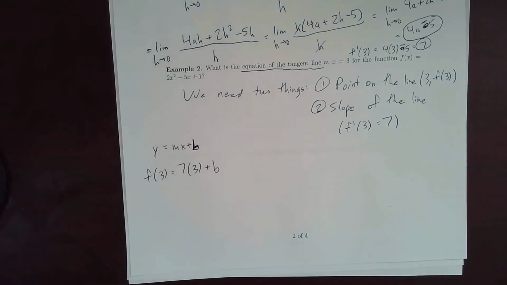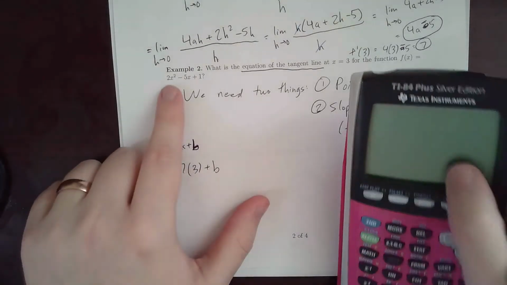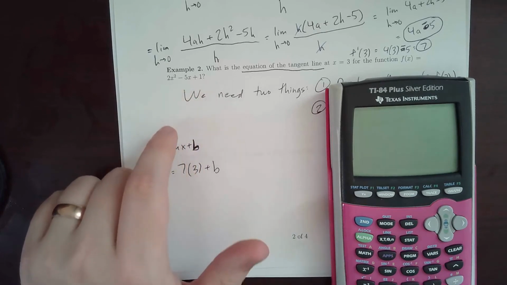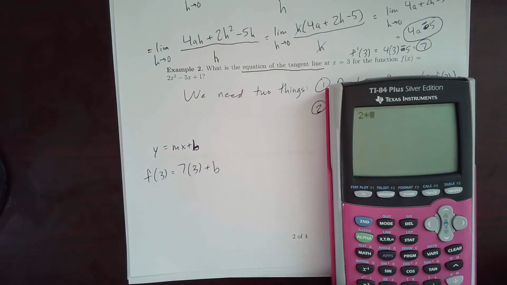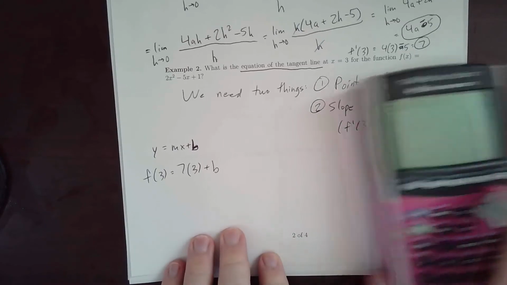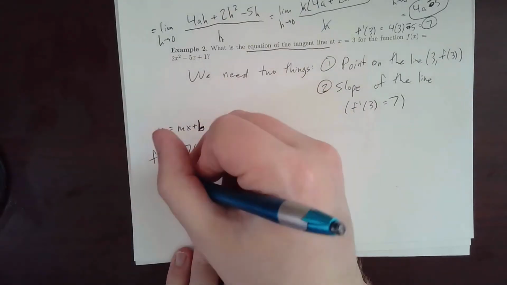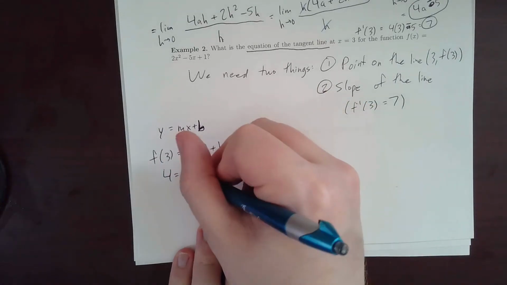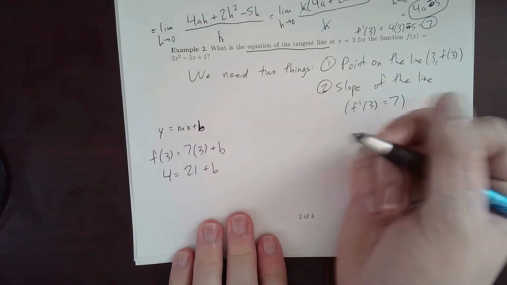So then the question becomes, what is f of 3? Well, we know that our function is 2x squared minus 5x plus 1. So we'll have 2 times 3 squared, since 3 is our x value, minus 5 times 3 plus 1, and we'll get 4. So 4 will equal 7 times 3, which is 21, plus b.